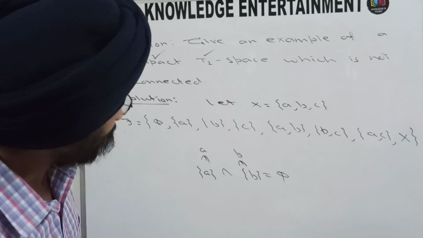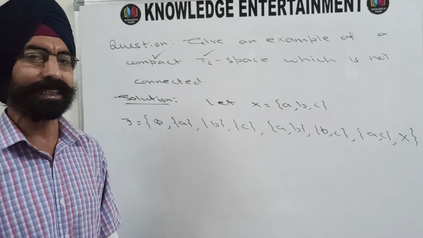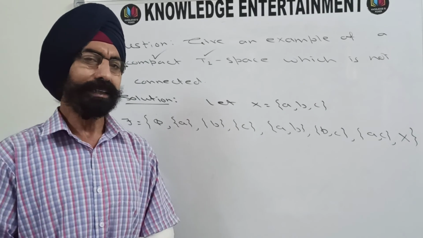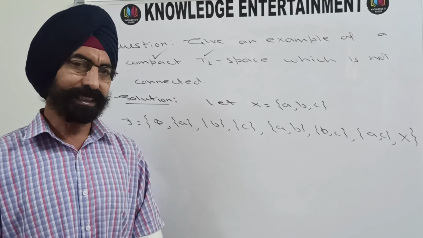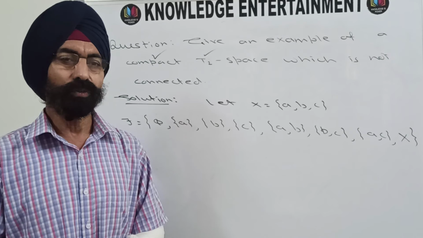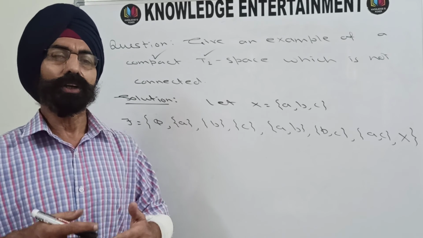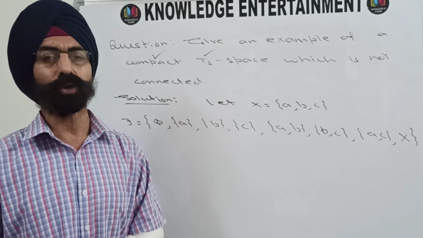Now what else is required to prove that this topological space is not connected? If you remember the chapter on connectedness, there you have studied that a space is connected if and only if there does not exist a set which is clopen, that means open and closed as well.